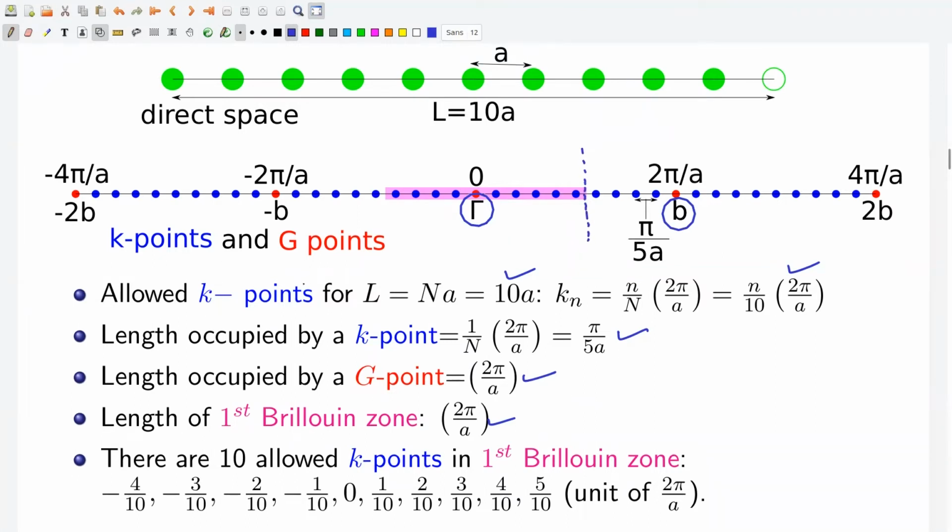Similarly, we have to draw another perpendicular bisector of the line joining the gamma point and the minus b point, and this is where it will lie approximately. The first Brillouin zone is shown by the magenta shaded region in the figure. In this particular case, there are 10 allowed k points in the first Brillouin zone.